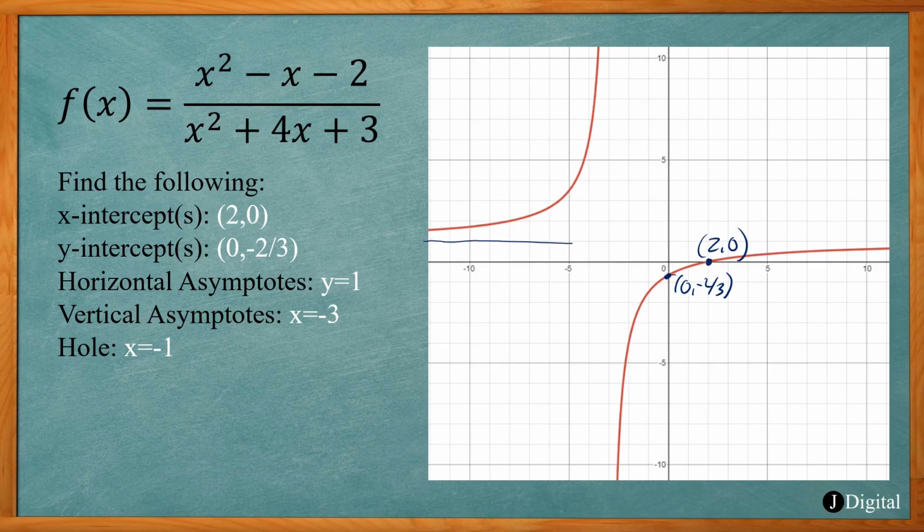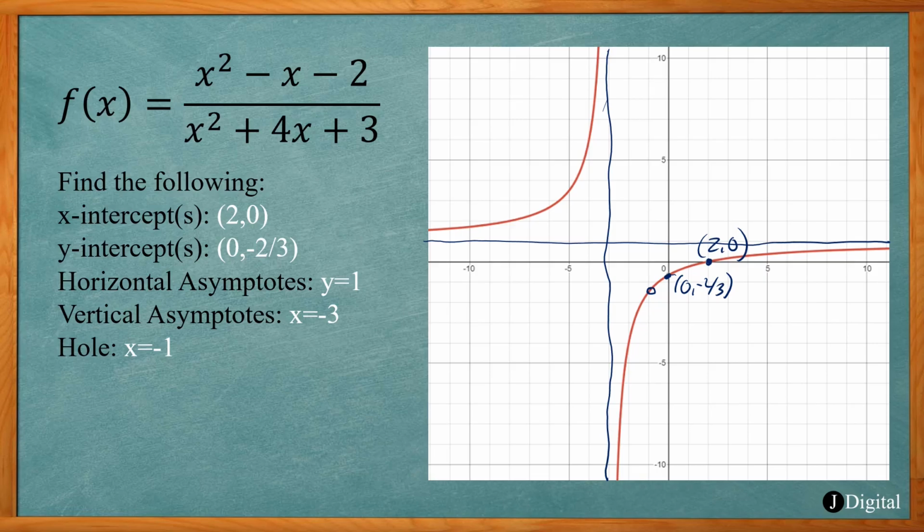So that's here. Vertical asymptote at x equals -3. So that's going to be here. And there's going to be a hole at x equals -1. So it's going to be here. You can't tell from this graph, but there's going to be a hole right here.